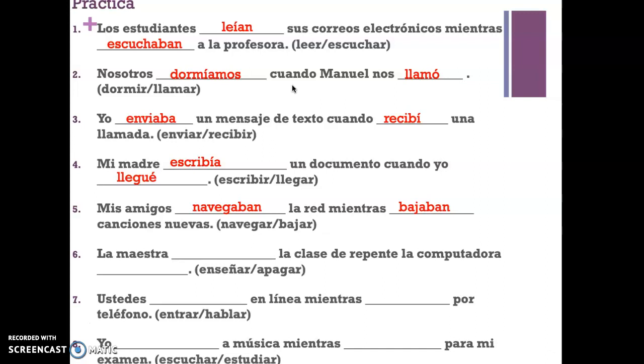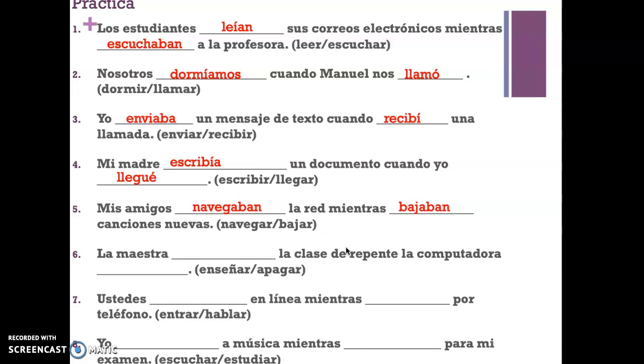Number 6. La maestra enseñar la clase. De repente, la computadora apagar. De repente is the same thing as when you see cuando. De repente means suddenly. The teacher was teaching the class, and suddenly the computer turned off.